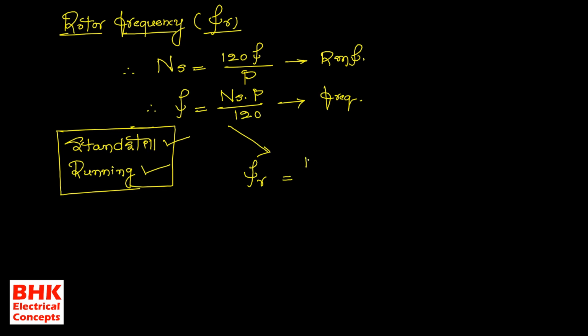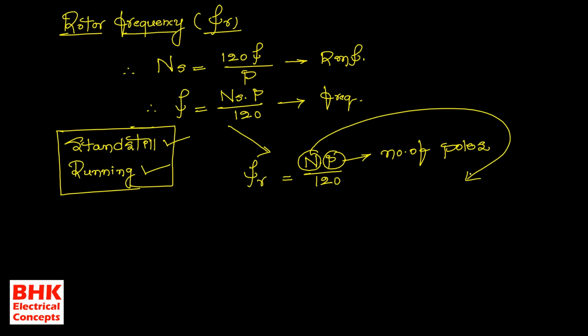Rotor frequency fr is equal to N into P divided by 120, where P represents the number of poles, and N here represents not the rotor speed but the relative speed between Ns and the rotor speed N. Instead of Ns, I am placing this relative speed.